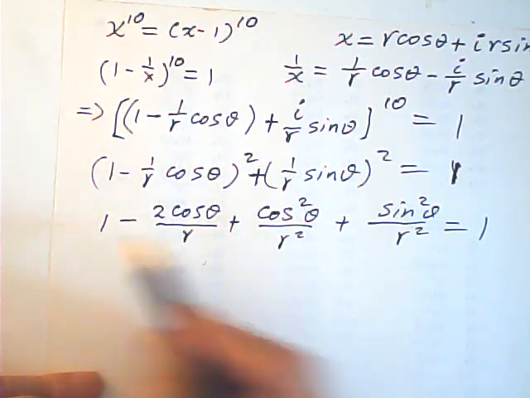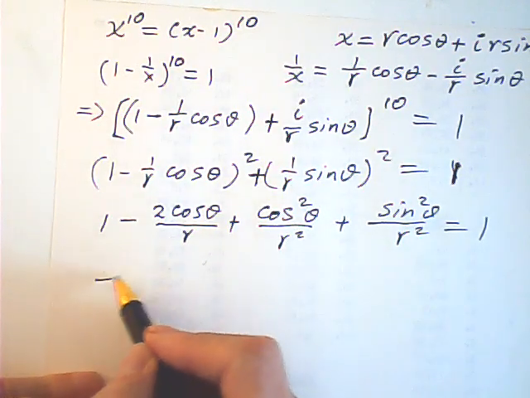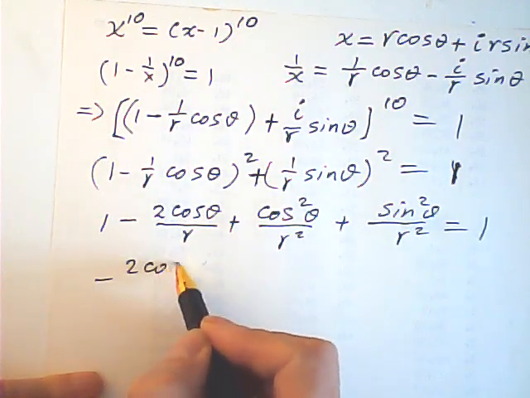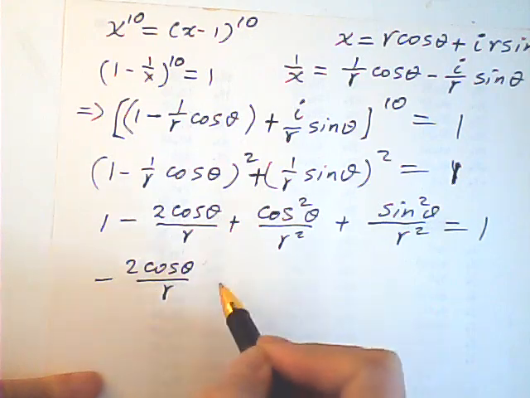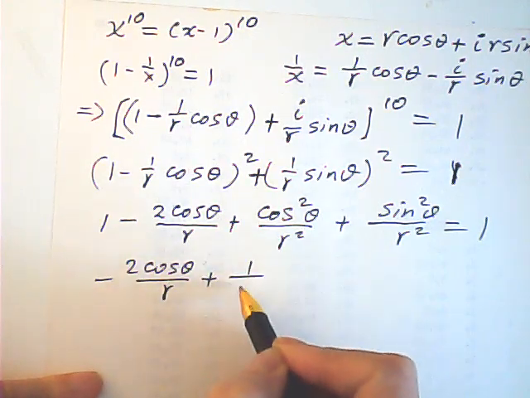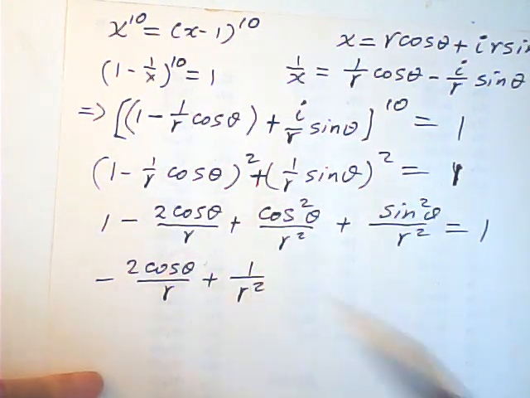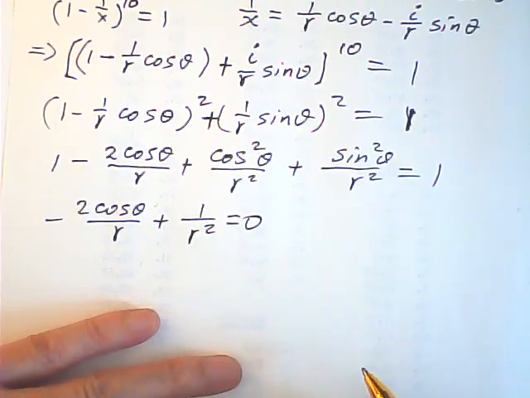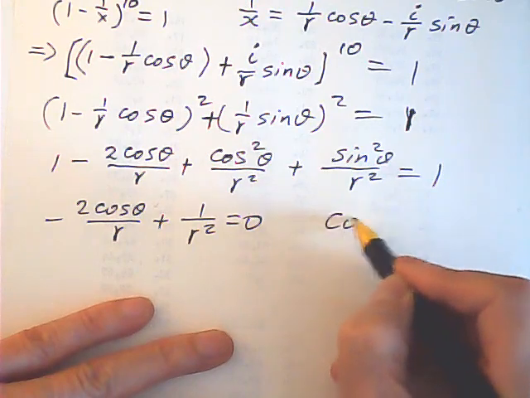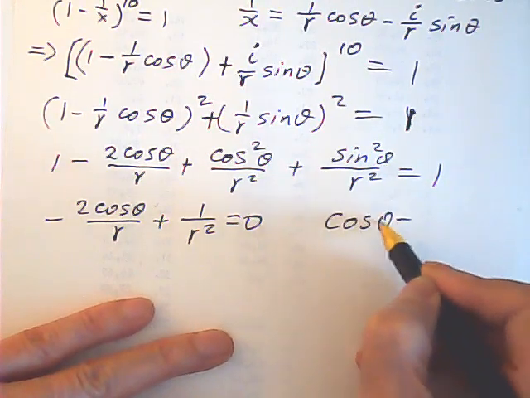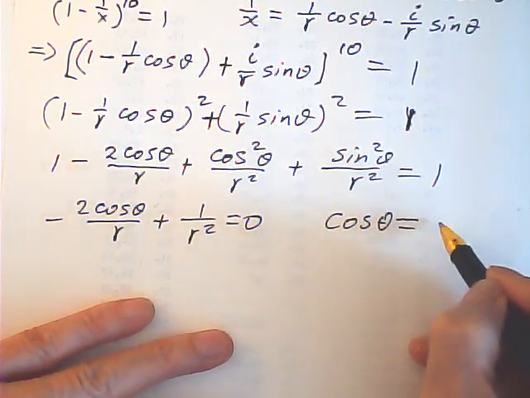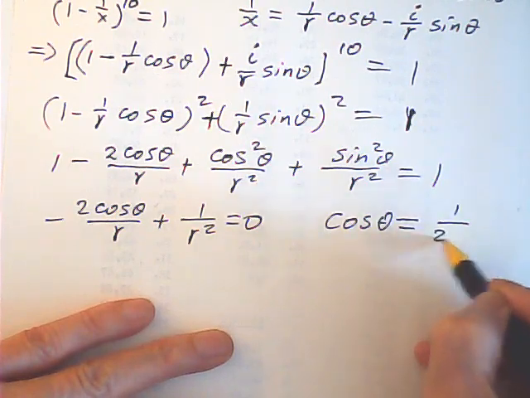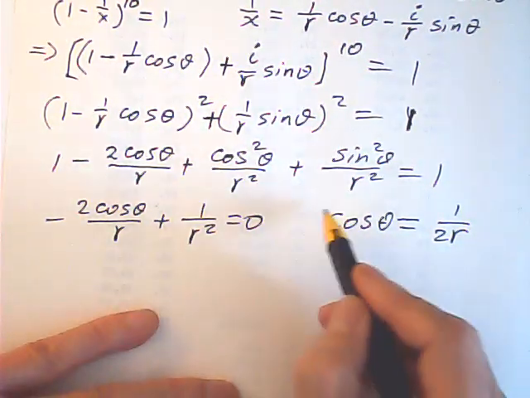And 1 cancels out, right? So minus 2 cosine theta over r plus 1 over r squared is equal to 0. So from this, we can find cosine theta is equal to 1 over 2r.